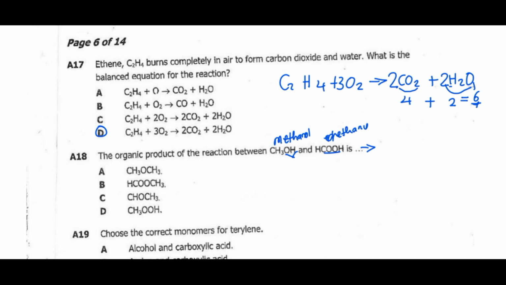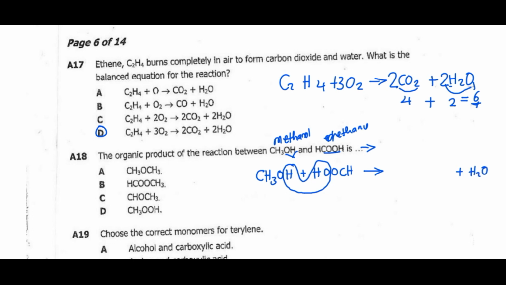So let's look at how we can come up with the product. So say CH3OH is reacting with HOOCH like this. So I've just reversed this so that we know that during the formation of an ester there will be formation of water. So from the alcohol we get hydrogen, then from the acid part we get the hydroxide so that we are able to form the water molecule.